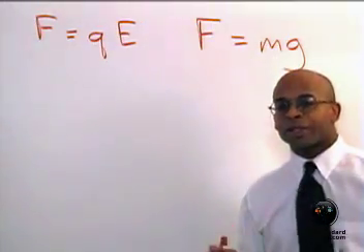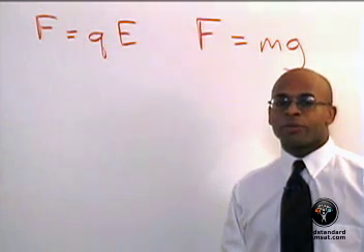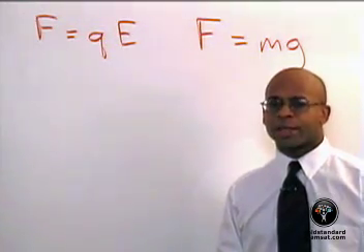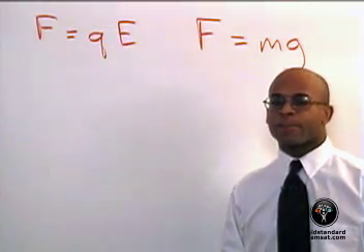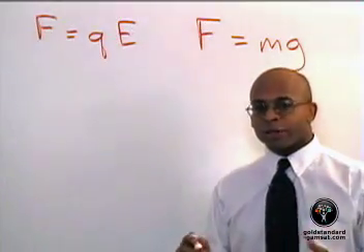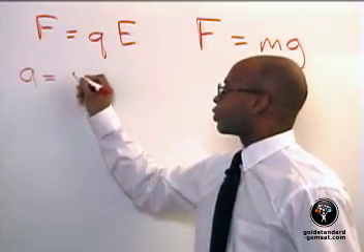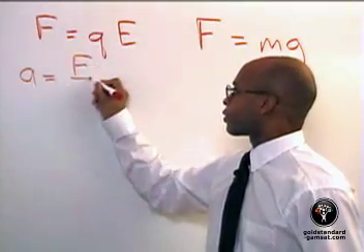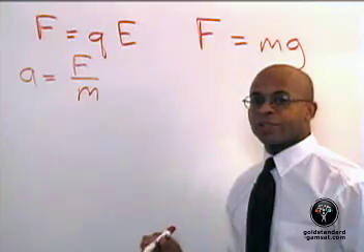Now, the most fundamental equation in motion comes from Newton's second law. And Newton's second law is that force is equal to ma, which is force is equal to mass times acceleration. So let's look at a derivation of that law. That is to say that acceleration is equal to force over m. And from the first equation, we see that F is equal to QE.